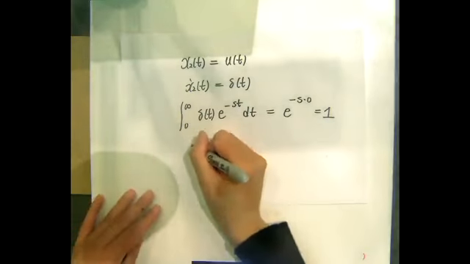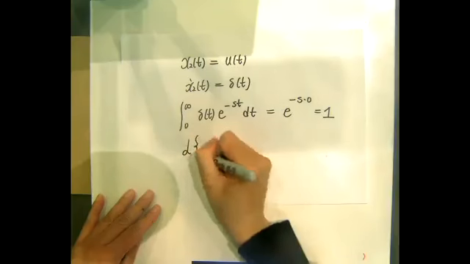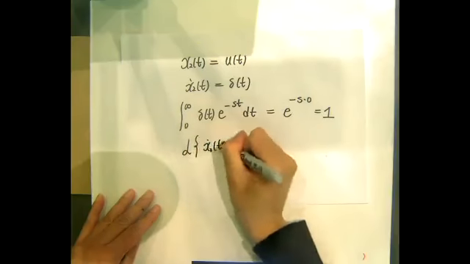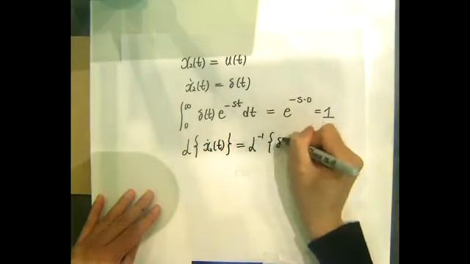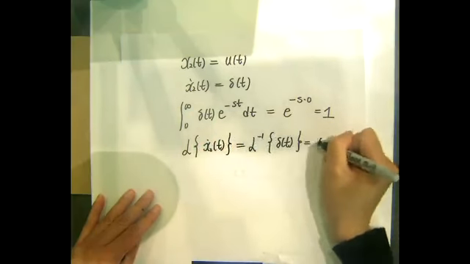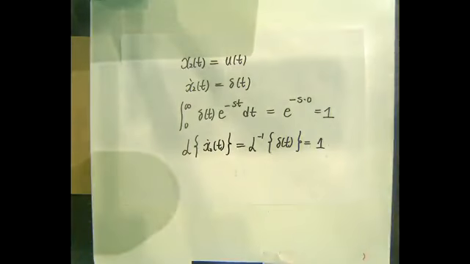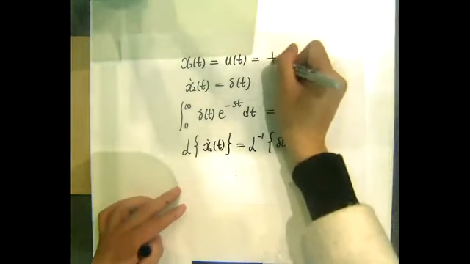Yeah. So in this case, I know my impulse response, and let me try to apply this one. So my Laplace transform of my x2 dot t, which is my Laplace transform of my delta(t), is my 1. Okay. Then I need to apply the derivative property, and this one I know is 1 over s again.